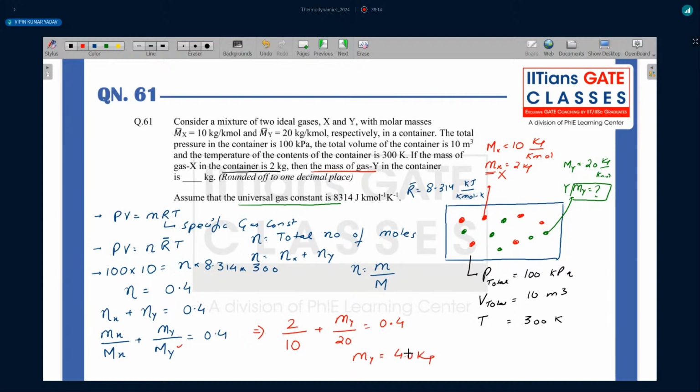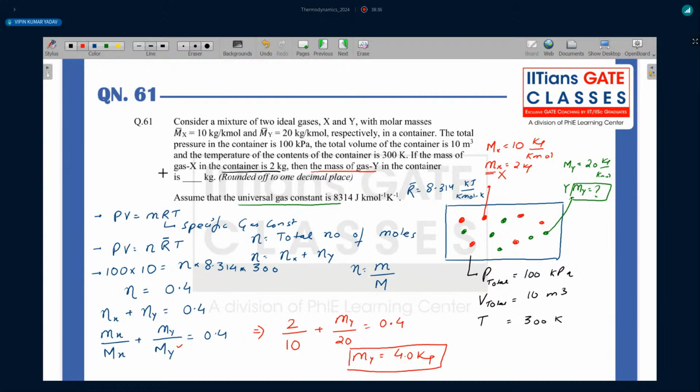Okay, so it should be around 4.0. Yes, it is exactly 4.0. So you can write 4.0 kg because they have asked for one decimal place.